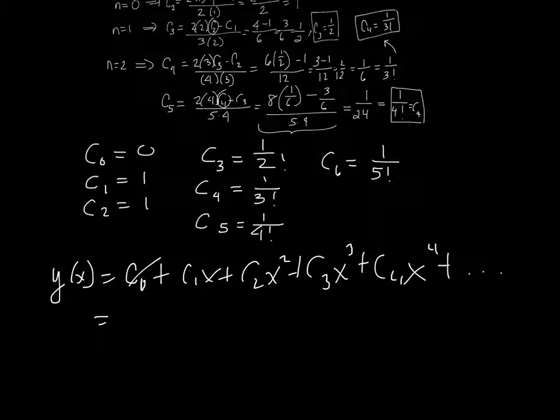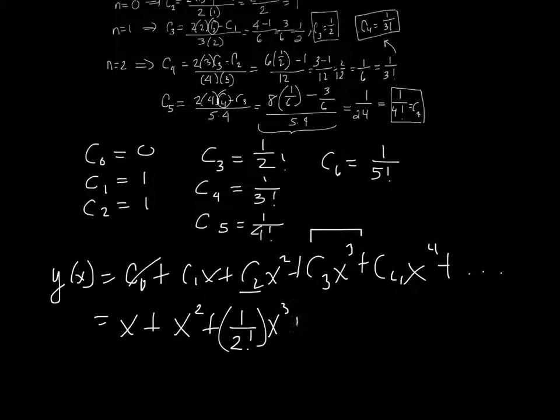C1 is 1, so that's going to be x plus C2 is wonderful because that's 1, so x squared plus, okay, 1 over 2 factorial x cubed, so I just did that one, plus C4, 1 over 3 factorial, x to the fourth.